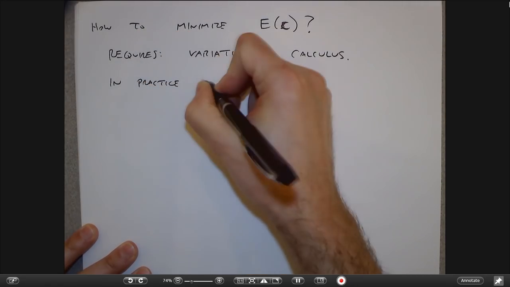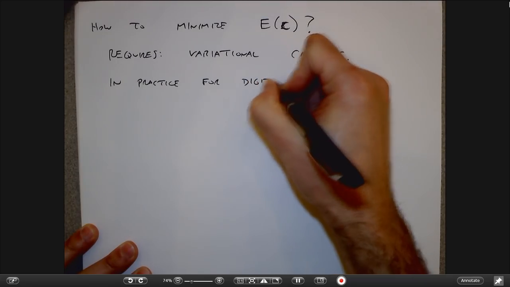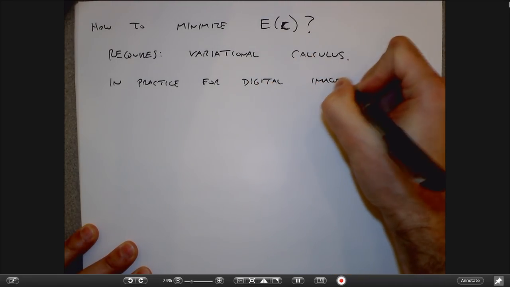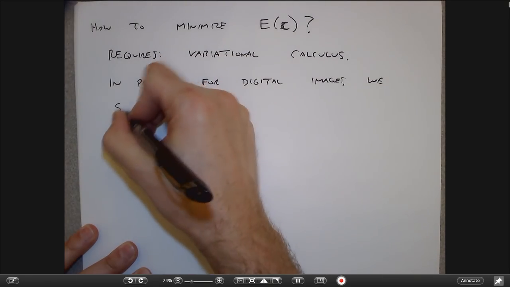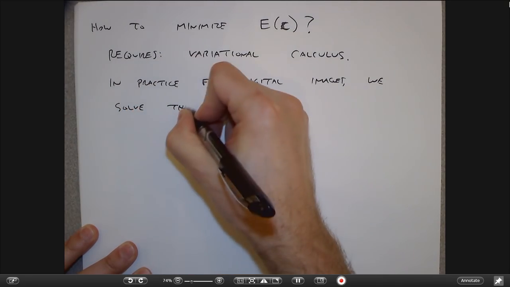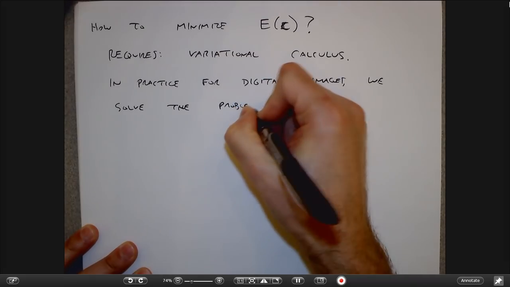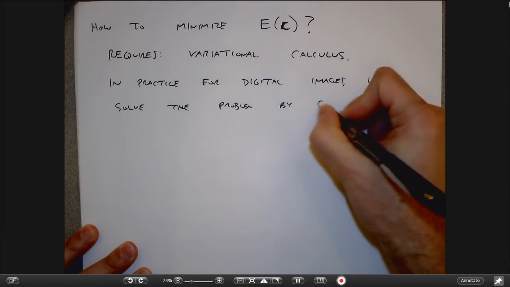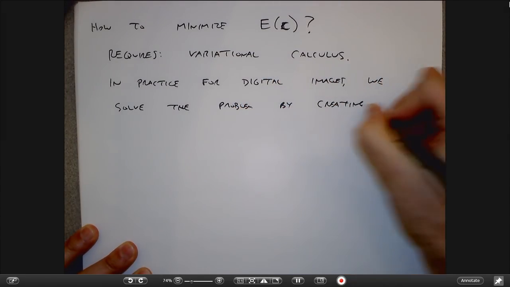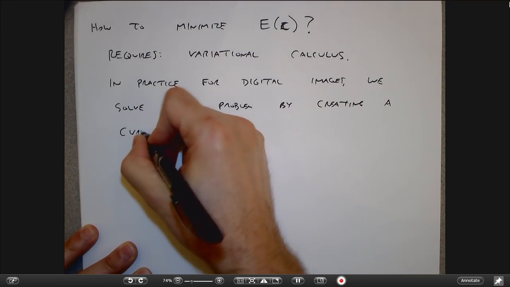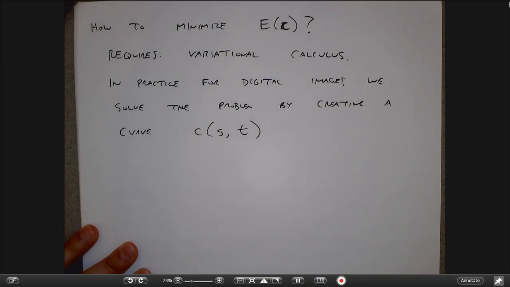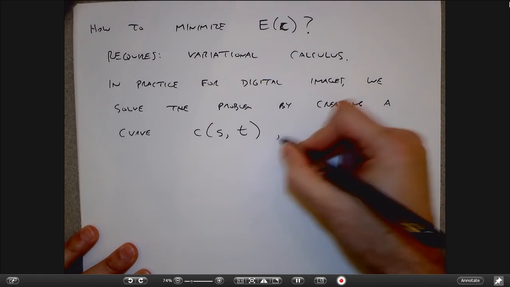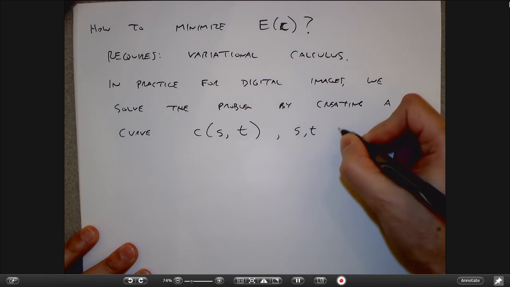For digital images, we basically solve the problem by creating a curve C of two parameters, S and T, where S and T are both discrete.